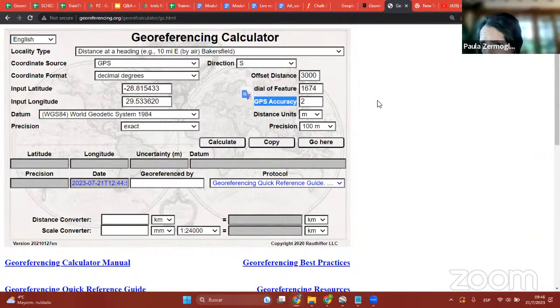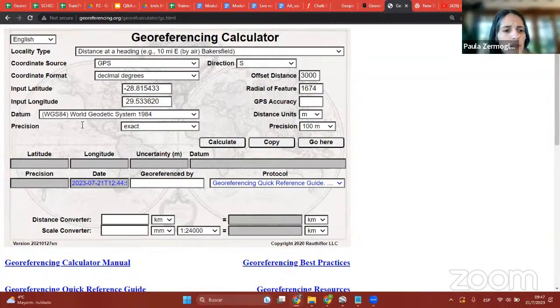In this case, with the description that you put in the chat, we don't know what the GPS accuracy is, and so we will keep it empty or put the best practice. I can't remember if it suggests any GPS accuracy in particular, because the accuracies of GPSs have changed over time as technologies get better. So we will have to check which would be the value depending on the date that the coordinates were recorded.